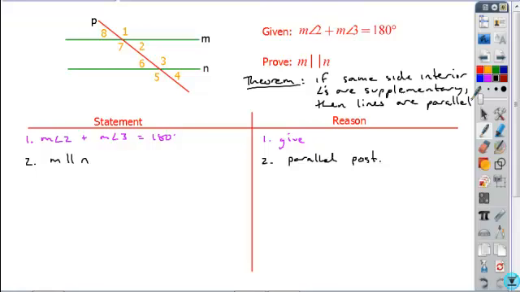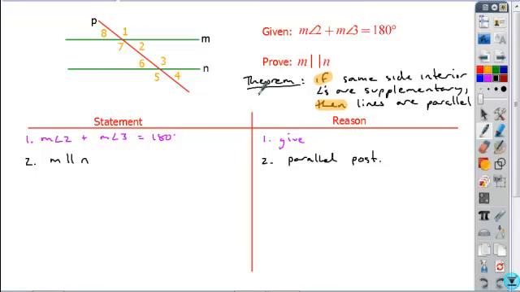It's an if-then statement. We have an if part, if a specific set of conditions are true, and then we have a conclusion part: then such and such is also true. So when we're looking at theorems, the conditional statements, the if part is the condition, the then part is the conclusion. And so our theorem is made up of both those parts.